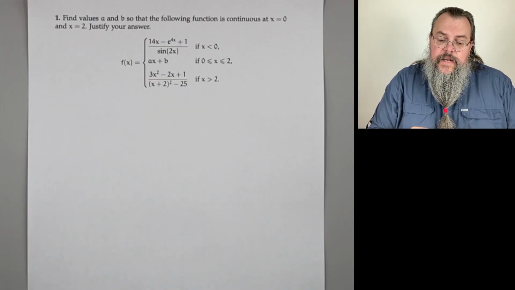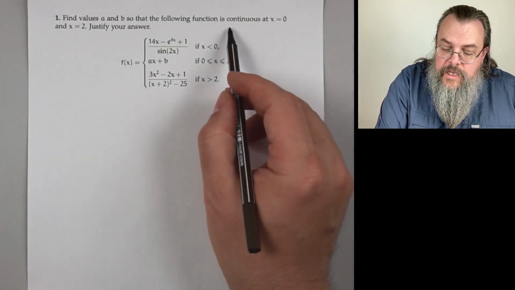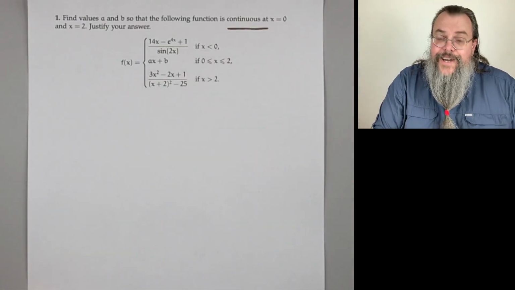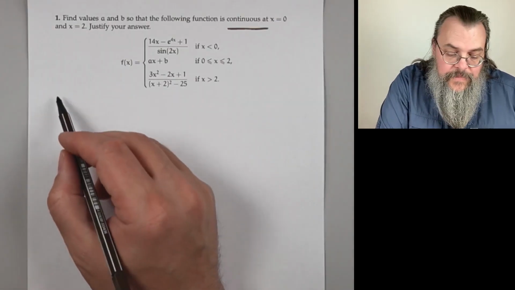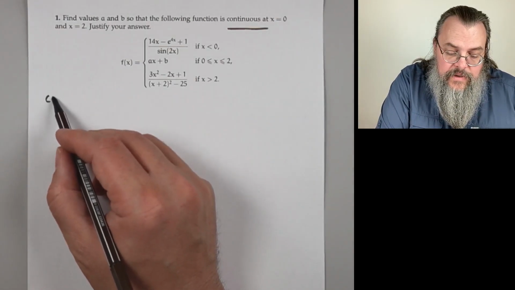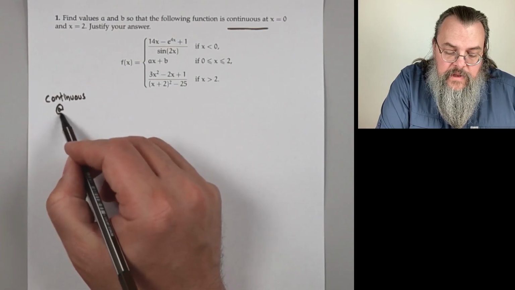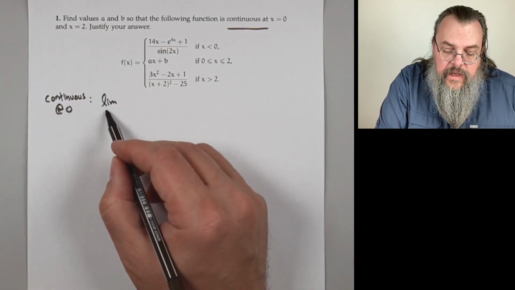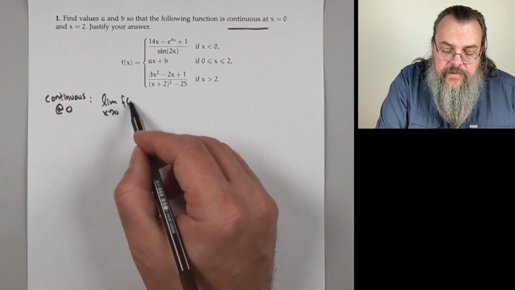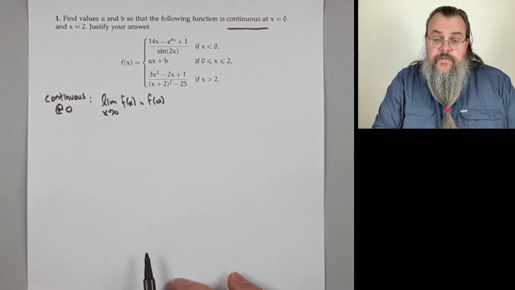Okay, so a couple of key things to say is, what does it mean to be continuous? All right, so continuous says no surprises. So continuous at 0, we need to know that the limit as x approaches 0 of f of x is equal to f of 0. That's what continuity at 0 means.